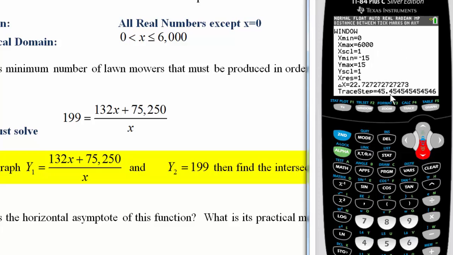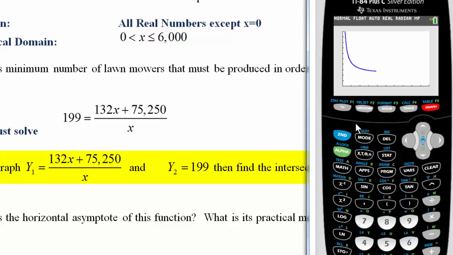Maybe we'll count by 600s. That will give me 10 tick marks. And then for Y min, we'll go from 0 to, what's a good Y maximum? How much does a lawnmower cost? I don't know, 500 bucks? 600 bucks? I'll put in 600. Just kind of spitballing here. And let's see what this graph looks like.